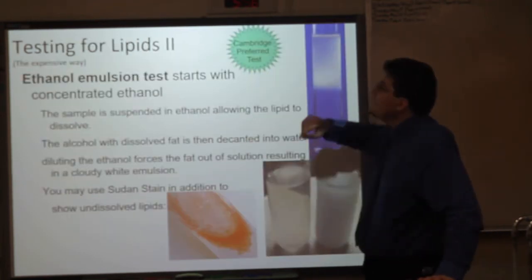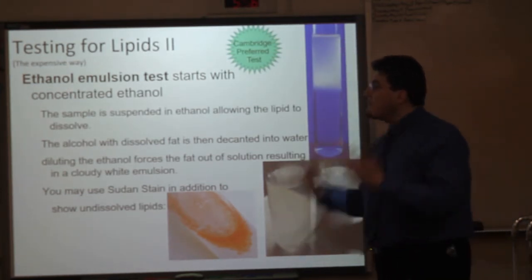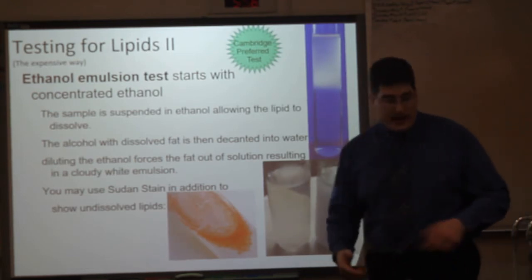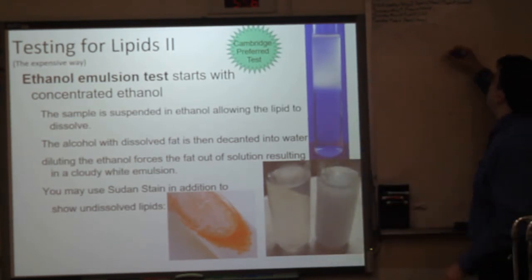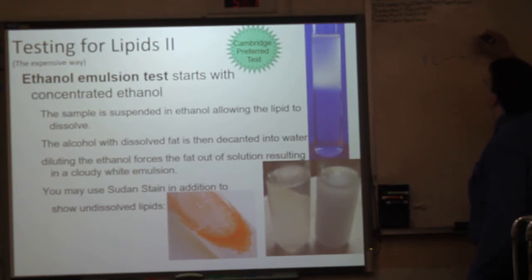Now, this is the test that Cambridge prefers. This is the ethanol emulsion test. Effectively what you do here, you take an amphipathic substance like ethanol, which is OH, carbon, carbon.